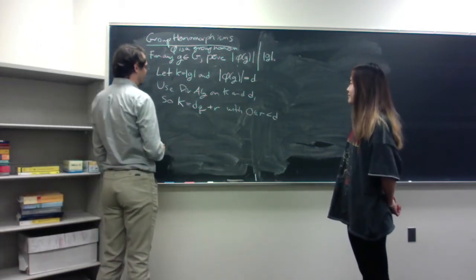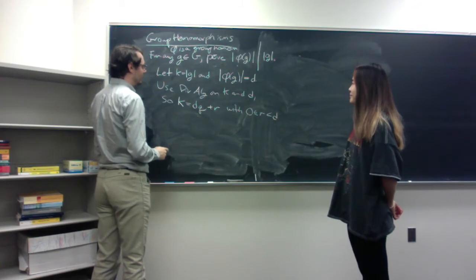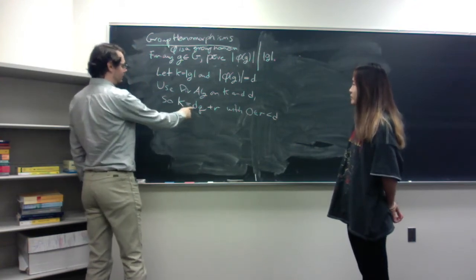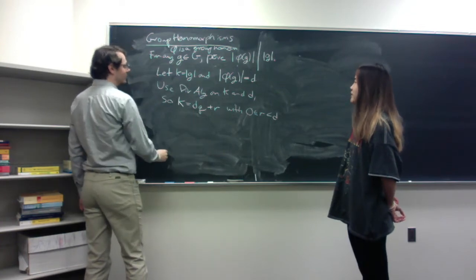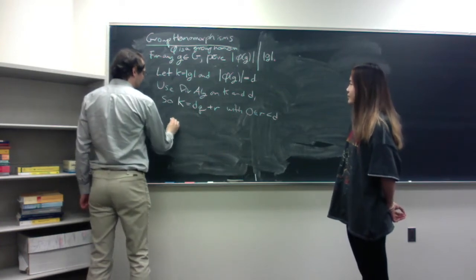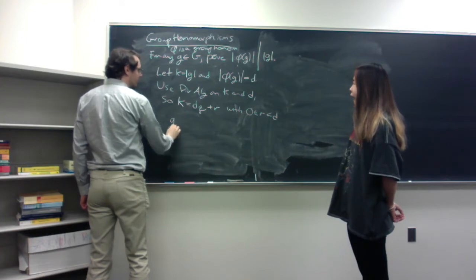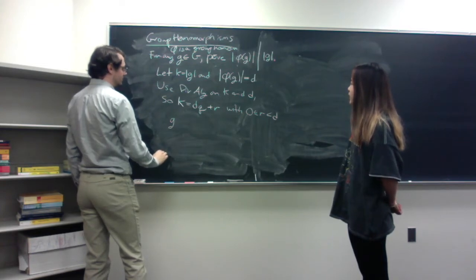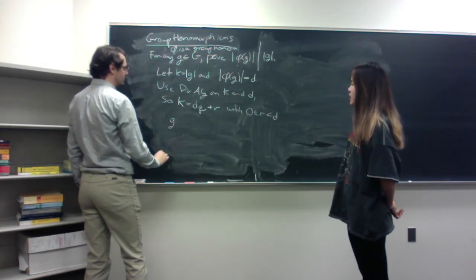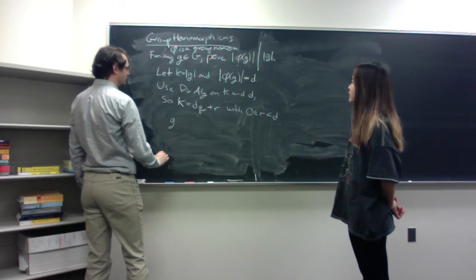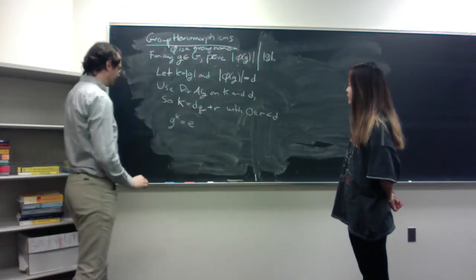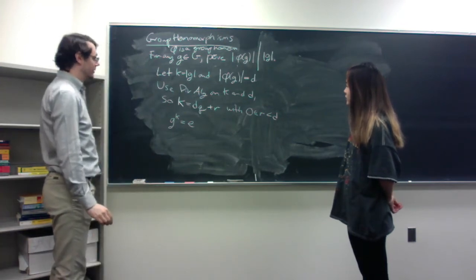Okay, let's see what happens then. We know that G to the K is E, so maybe we want to put that in phi. I want to take this and hit both sides with phi.